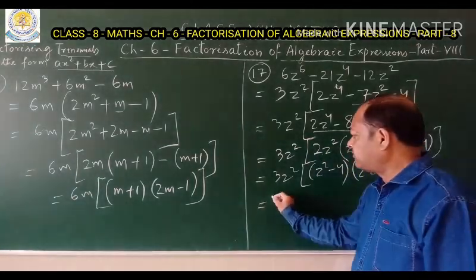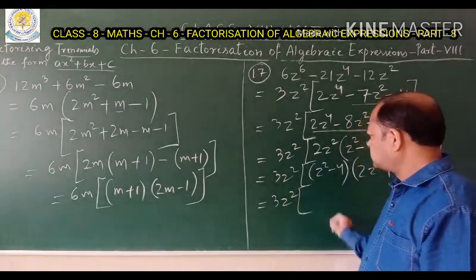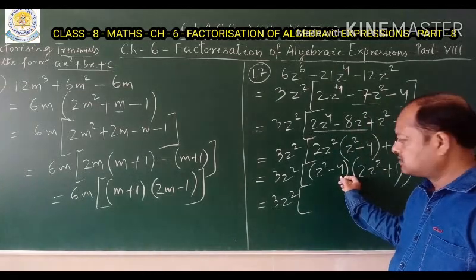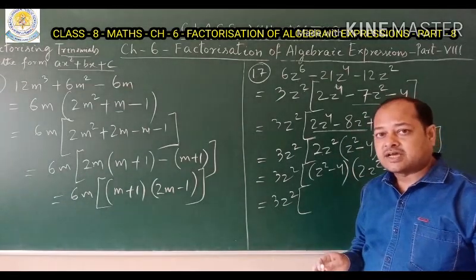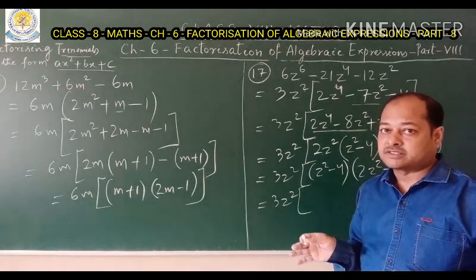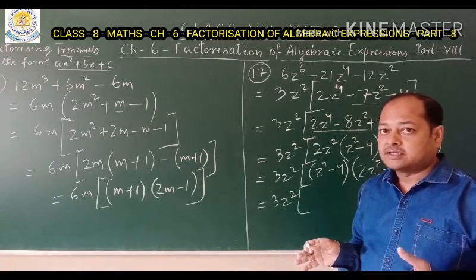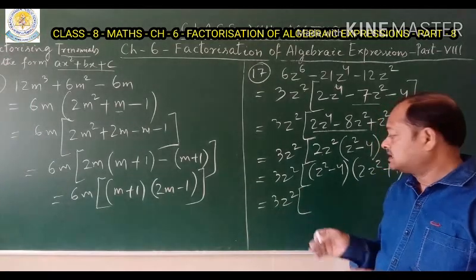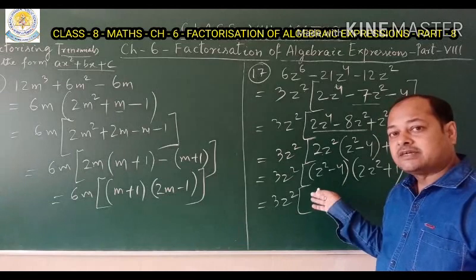Now again factorize the terms. Here observe that z square minus 4 is present, which is the same as a square minus b square form. So what is the formula of a square minus b square? Remember it. Then z square minus 4 is z plus 2 into z minus 2.